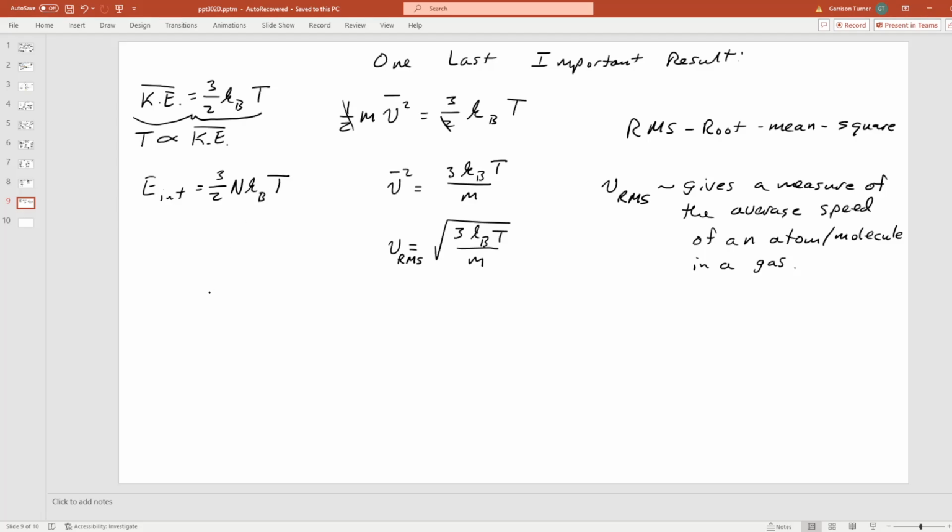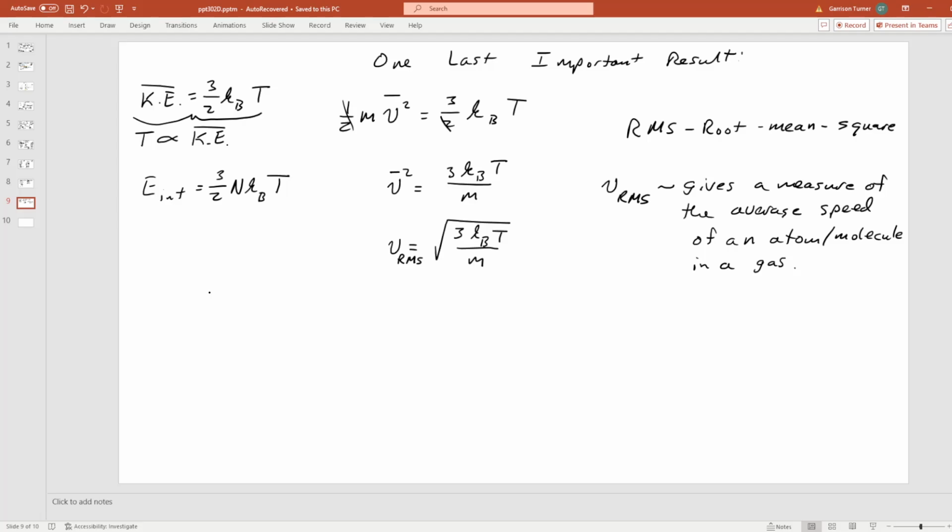Okay? So if you know how many particles are in your system and you know the average kinetic energy that they possess, then you know the total average internal energy. Or likewise, if you know what temperature the system is being held at and you know how many particles there are, then you can calculate the total internal energy.